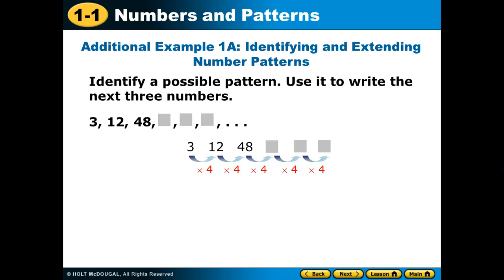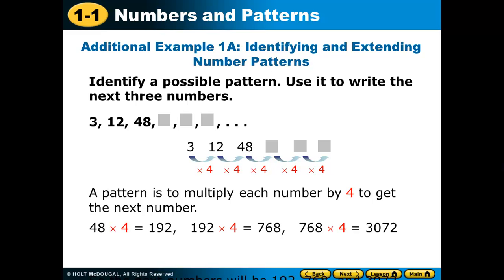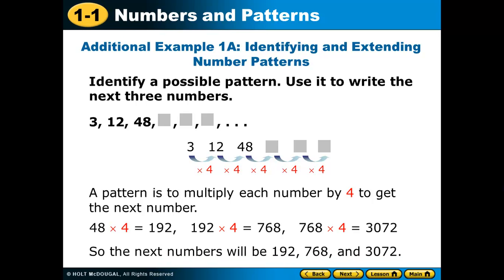I could also think 3 plus 9 is 12, except it looks like I'm getting quite large numbers, so I'm going to be looking at multiplication. So I record the pattern: multiply each number by 4 to get the next number. I can then fill in the next three numbers of the pattern: 192, 768, and then 3072.